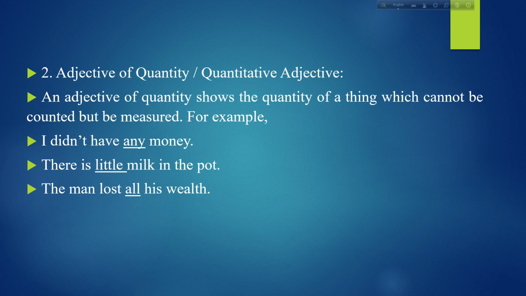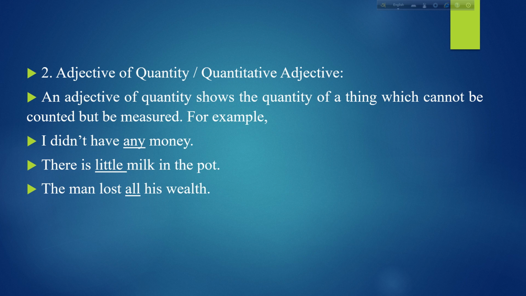Second one, adjective of quantity or quantitative adjective. An adjective of quantity shows the quantity of a thing which cannot be counted but can be measured. This is a very important thing because adjective of quantity is similar to indefinite numeral adjectives. We'll find it later on.